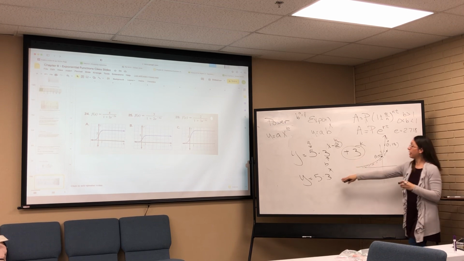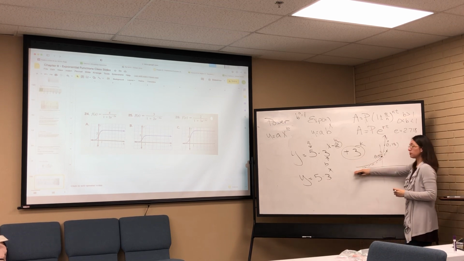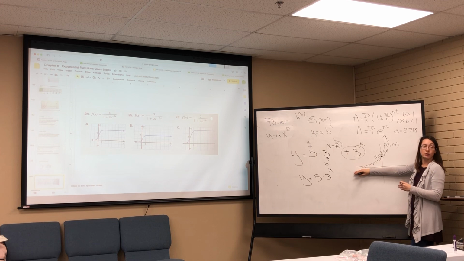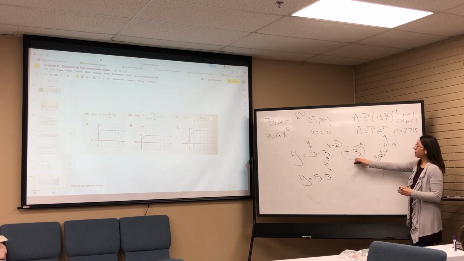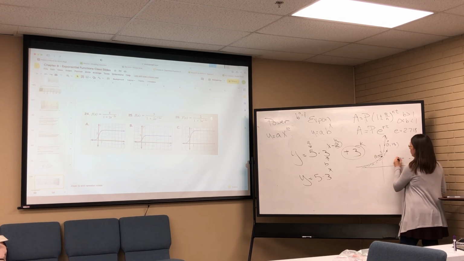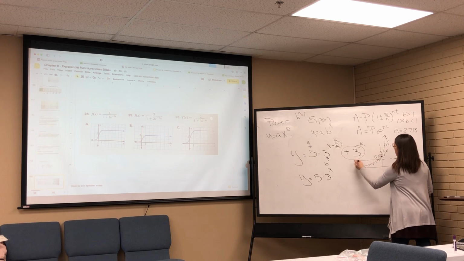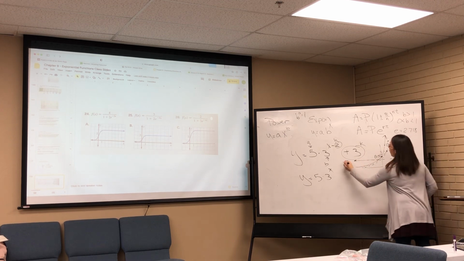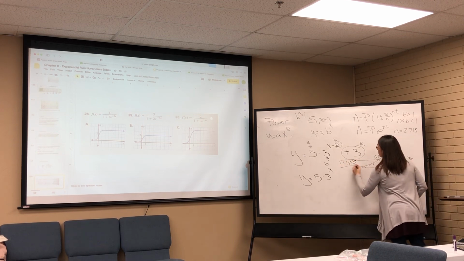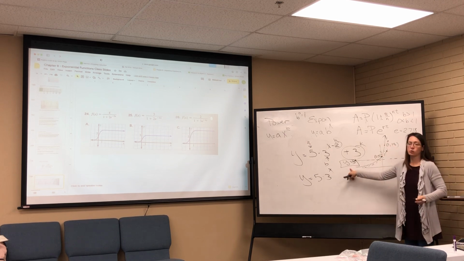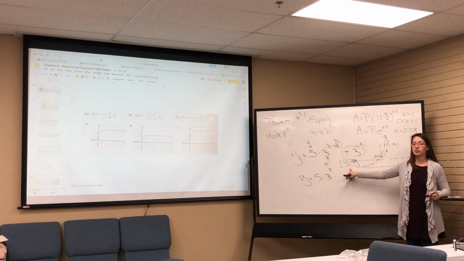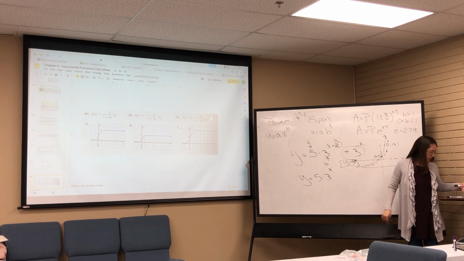So if in my base one my asymptote is y equals 0, the x-axis, I have moved my entire graph up 3, so my new asymptote lies along y equals 3. Should an asymptote ever be just a number, or should it always be written like a line? Like a line. That's right.